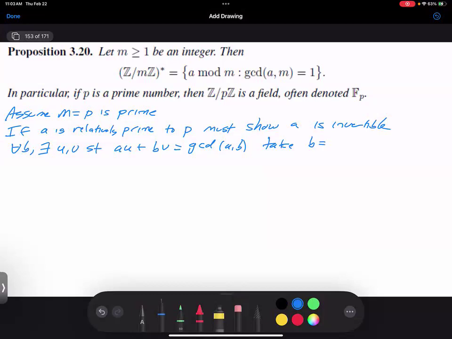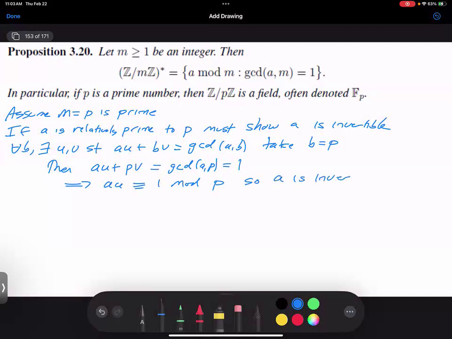So we'll try B equals P. Then AU plus PV equals the GCD of A and P. But if A is relatively prime to P, what is the GCD? 1. Therefore, AU is congruent to 1 mod P. So A is invertible.